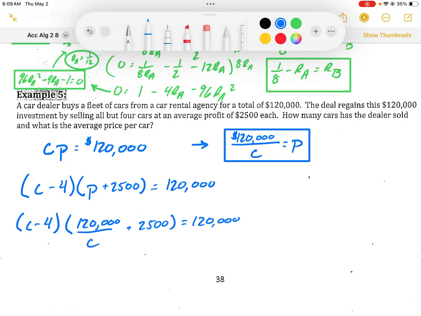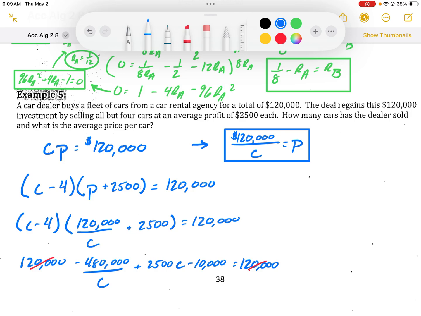So we go ahead and distribute, and we'll have 120,000 minus 480,000 over C plus 2,500C minus 10,000 equals 120,000. Now, notice we have 120,000 on both sides. I'm going to clean that up. It goes away.